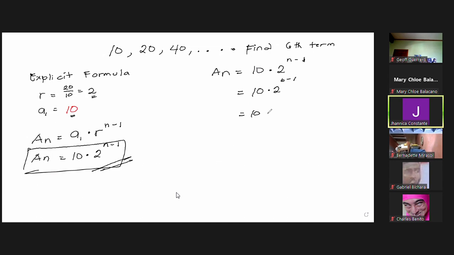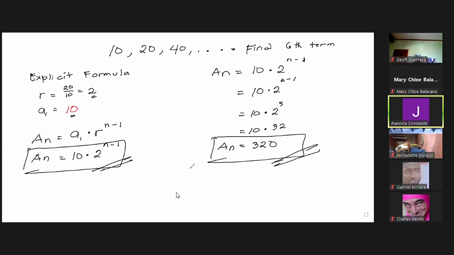So 10 multiplied by 2 raised to 5. So 10 times 2 raised to 5, which is 32. So 32 times 10, we have 320. So that is the sixth term of our geometric sequence.